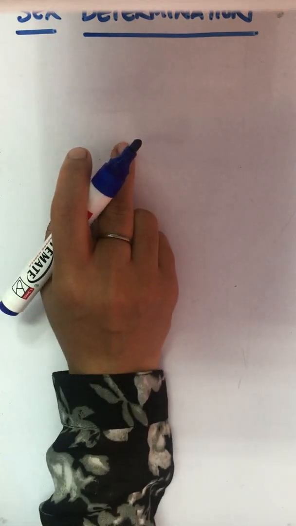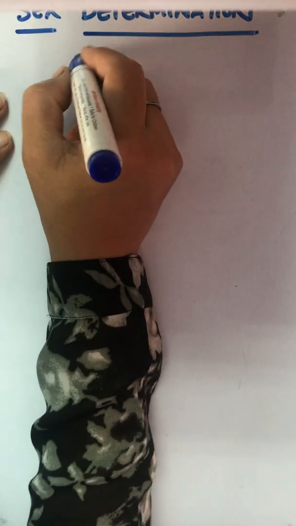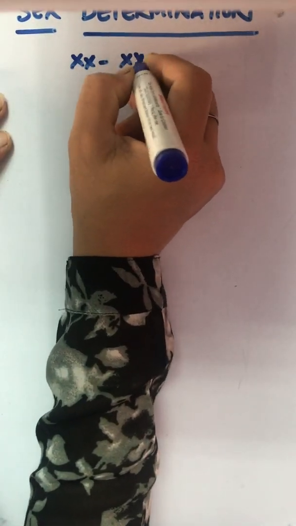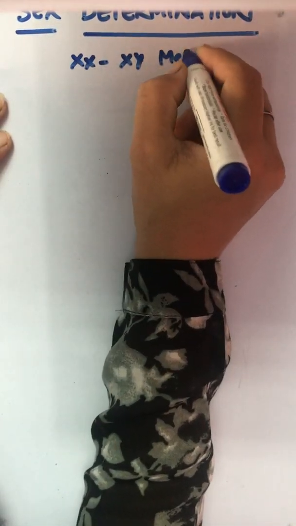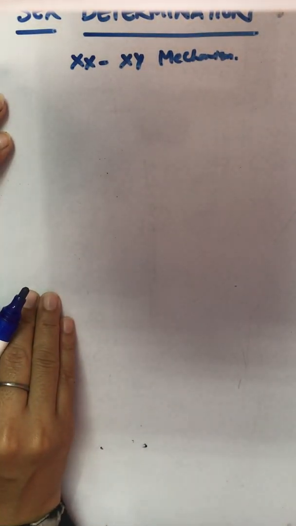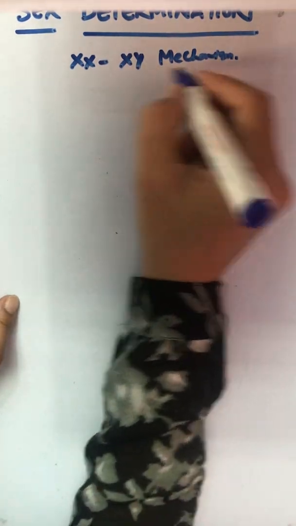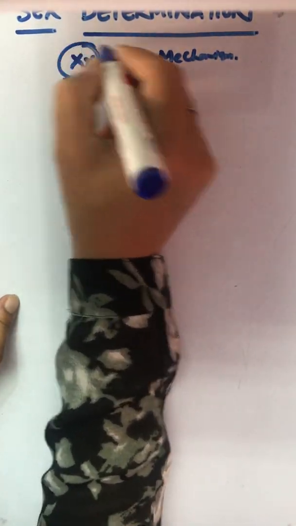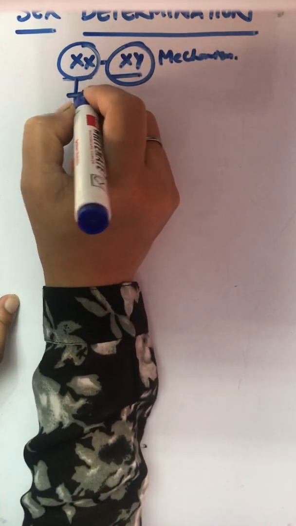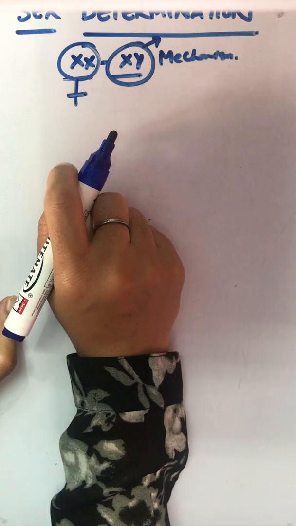This mechanism of sex determination in human beings and also in fruit fly is known as the XX and XY mechanism. Why? Because the chromosomes which determine the sex of the children are the sex chromosomes, and in females these are XX and in males these are XY.